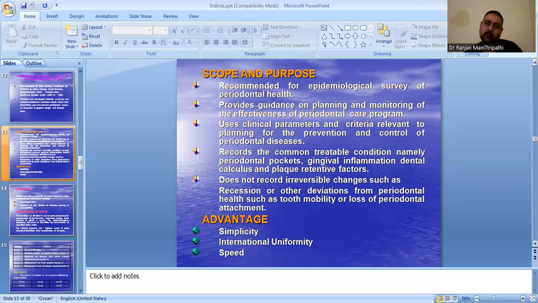So it has a few advantages also. It is simple to use and has international uniformity along with rapidness. It has simplicity, international uniformity and speed.